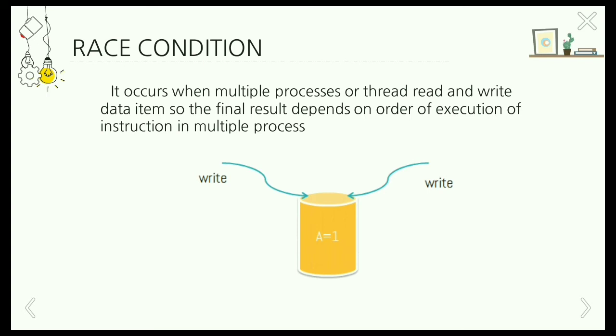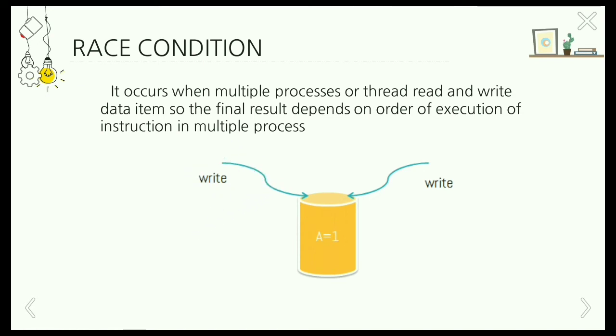Let us clearly understand this with a simple example. Two processes are going to perform the write operation on the memory location A. So here two tasks are in a race to write the variable A. The loser of the race is the process that updates last and determines the final value of A. One process may increment the value of A and the other process may decrement it.